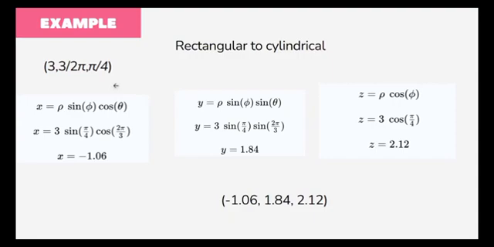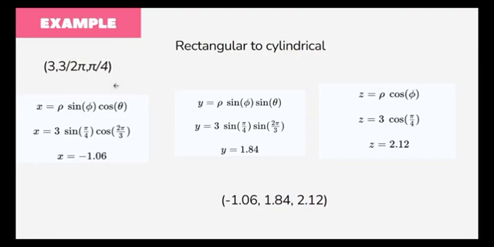Its formula is x equal to rho sine of phi cosine of theta. Then x is equal to 3 sine of pi divided by 4 cosine of 2 pi divided by 3. The result is x is equal to minus 1.06.